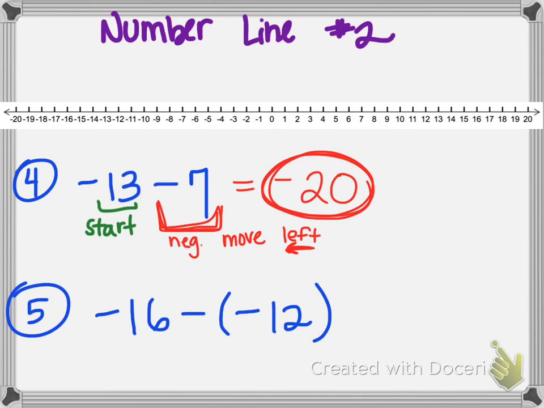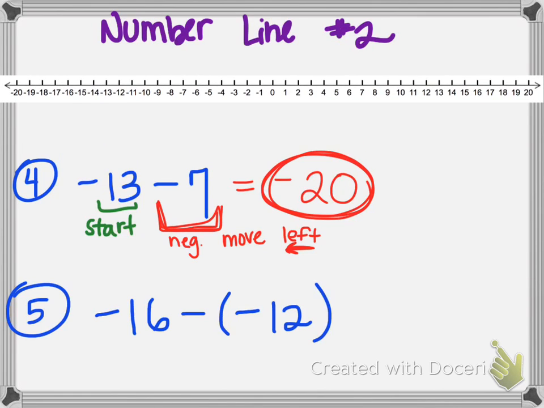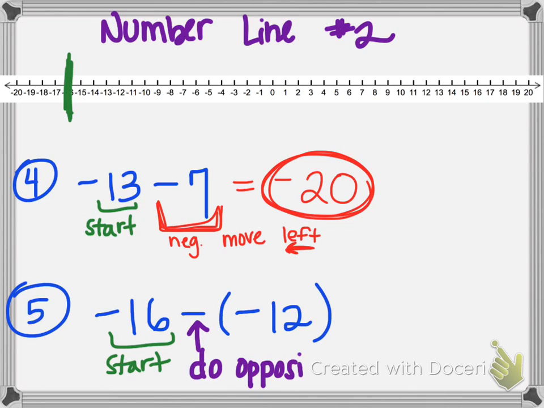And the final example here that I would like to complete with the number line strategy, let's go ahead and do negative 16. That will be my starting position all the way over here. Then I've got 2 negative signs going on here as well. So remember that minus means do the opposite. So I'm going to do the opposite of a negative 12. And opposite of a negative 12 means that I actually need to move positive 12.